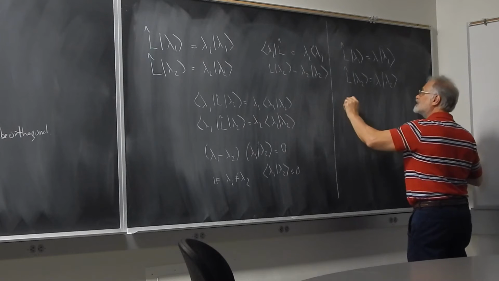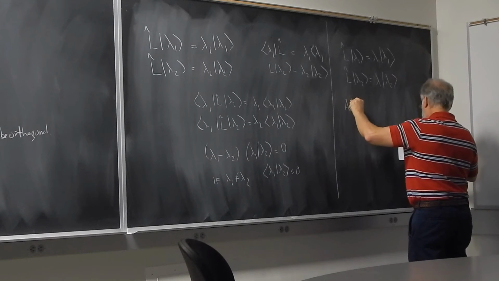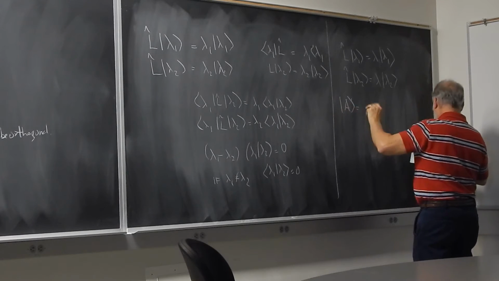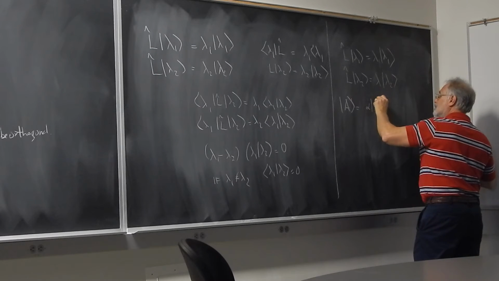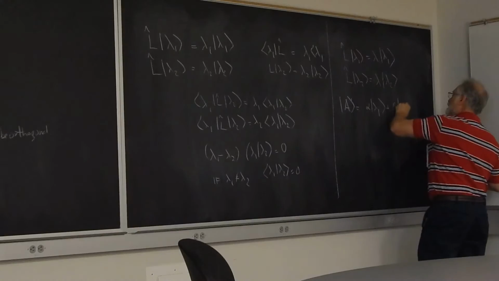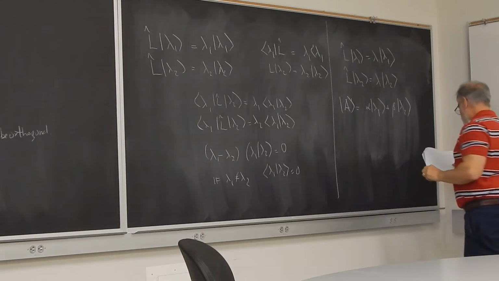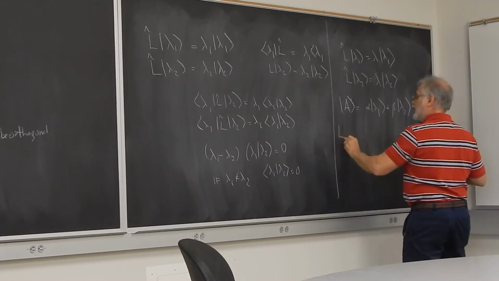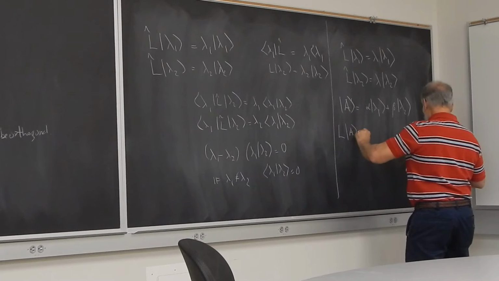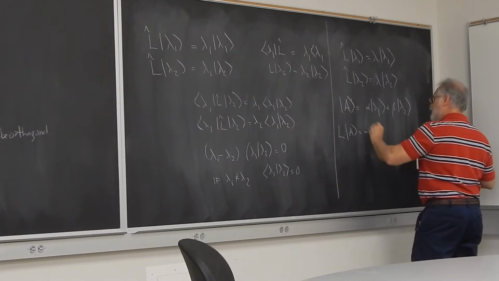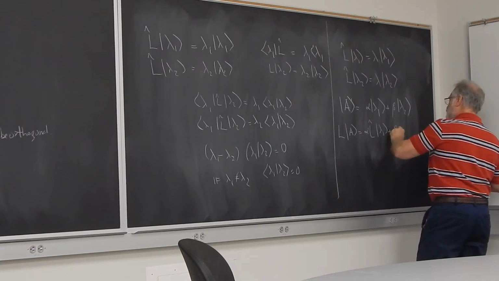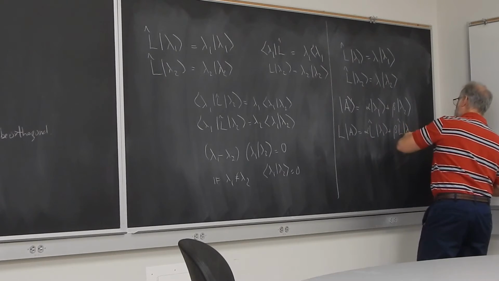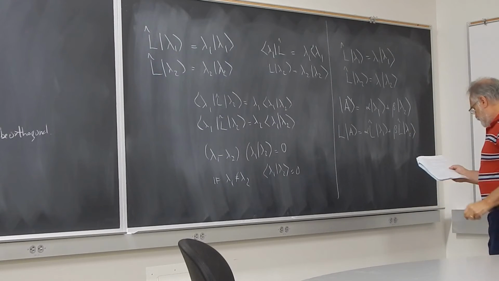So suppose A is equal to alpha lambda 1 plus beta lambda 2. L applied to A would be equal to alpha L lambda 1 plus beta L lambda 2.